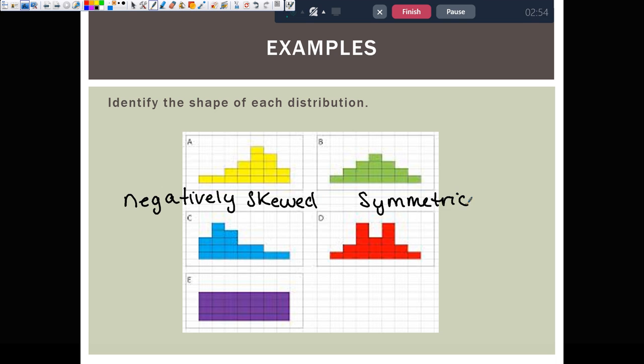C? D? I would do bi because it only has two. If it was three, then it would be multi. Bimodal. And E? Uniform.